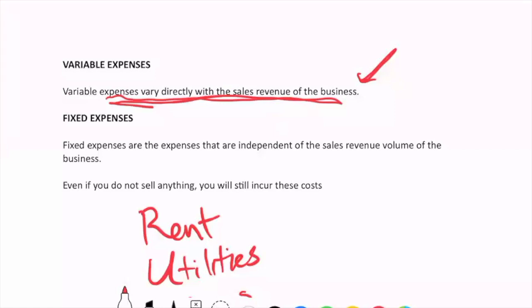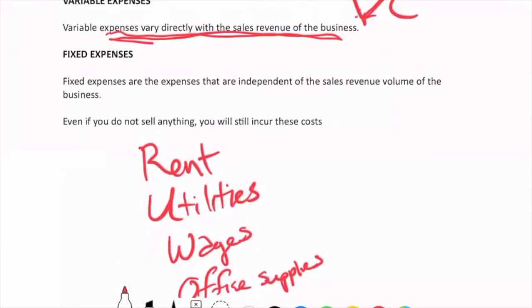First of all, you have your fixed costs. These are expenses that include things like rent, utilities, wages, office supplies. These are the things that you incur even if you don't sell anything.